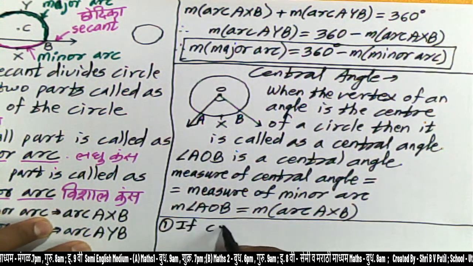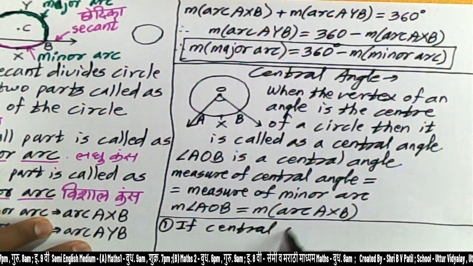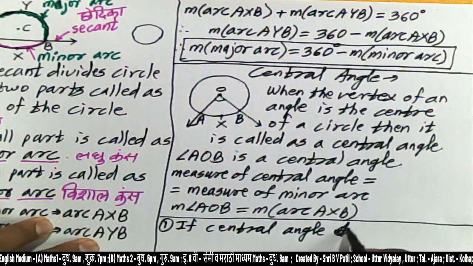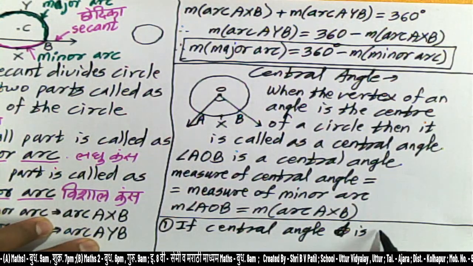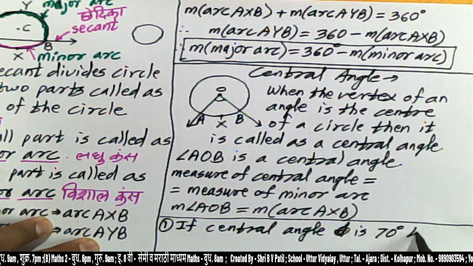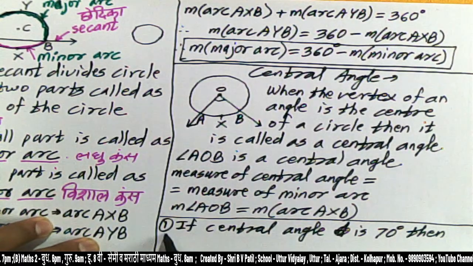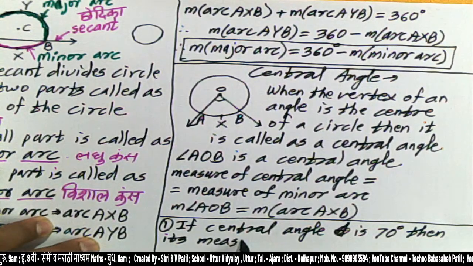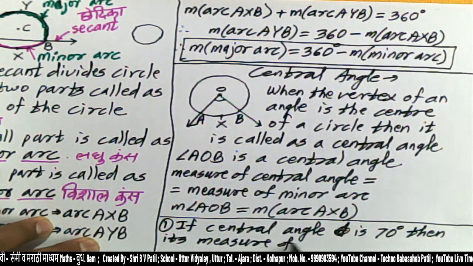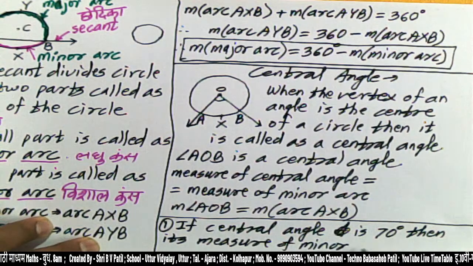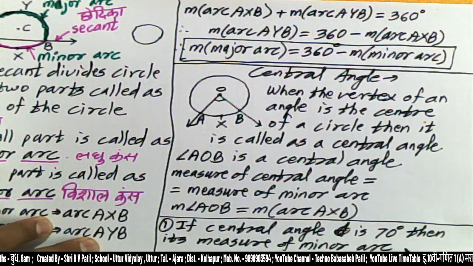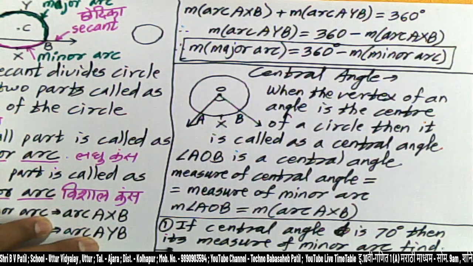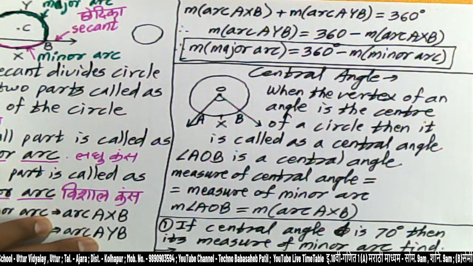If the central angle is 70 degrees, then find the measure of its minor arc. How many degrees do we get?